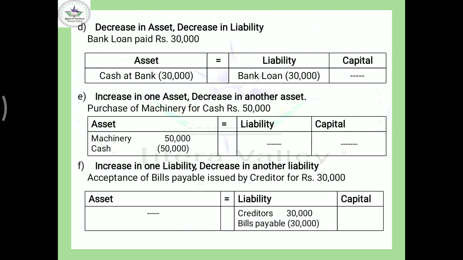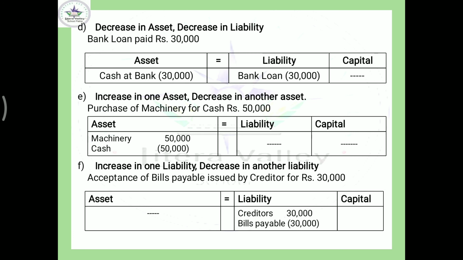Certainly the asset will increase, so the balance of machinery will increase by 50,000, and at the same time the balance of cash will decrease by 50,000. So you can see the same effect. There won't be an effect overall. Again, asset will be 0, liabilities 0, and capital 0. Again it is equal. Asset is equal to liabilities plus capital.